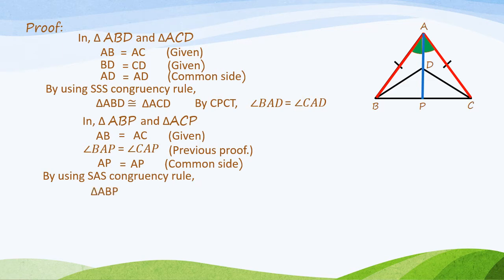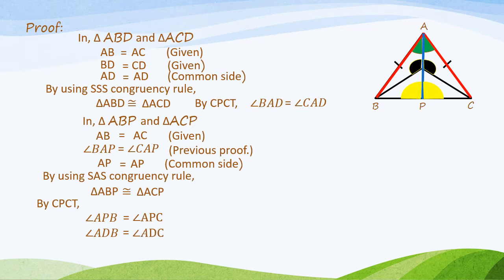So by using the SAS congruency rule, triangle ABP is congruent to triangle ACP, in which by using CPCT, angle APB is equal to angle APC and angle ADB is equal to angle ADC. Already we have proved that angle BAD is equal to angle CAD, that is, AP bisects angle A as well as angle D.